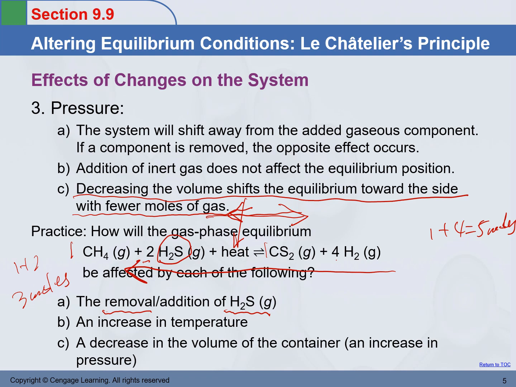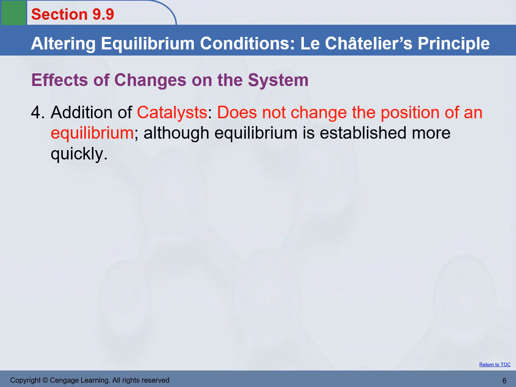Okay, but one last change. Another change that can be applied to a reaction system is the addition of catalysts. A catalyst does not alter the position of an equilibrium. What it does is make the equilibrium established faster.